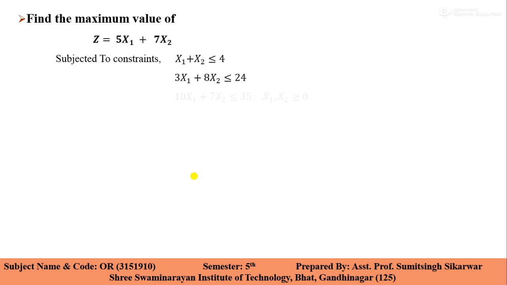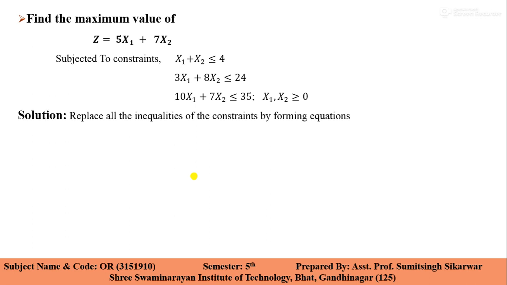The third equation is 10x1 plus 7x2 less than or equal to 35, where x1 and x2 are greater than or equal to 0. So we'll do the same procedure as we did in our previous example.